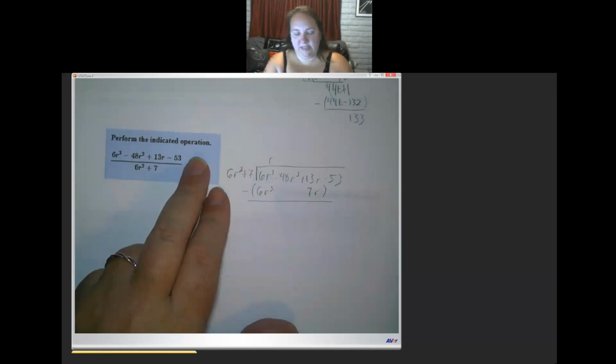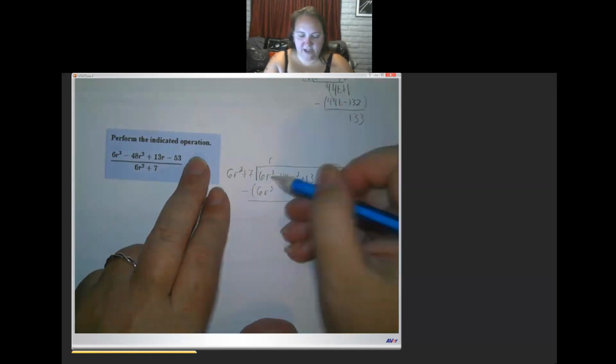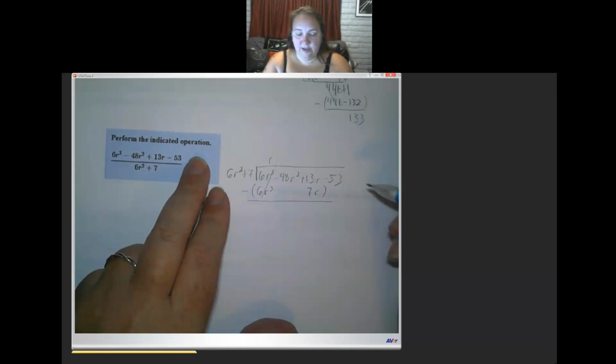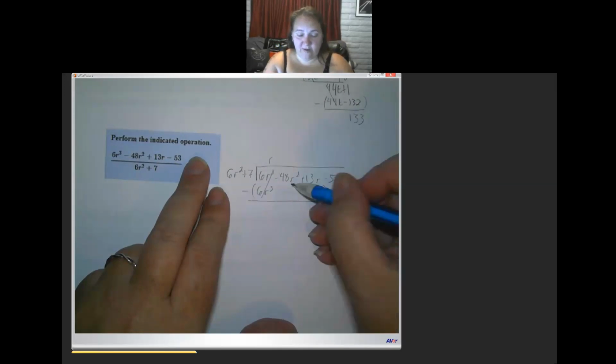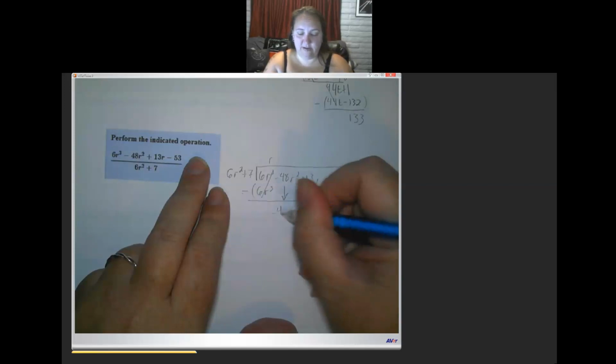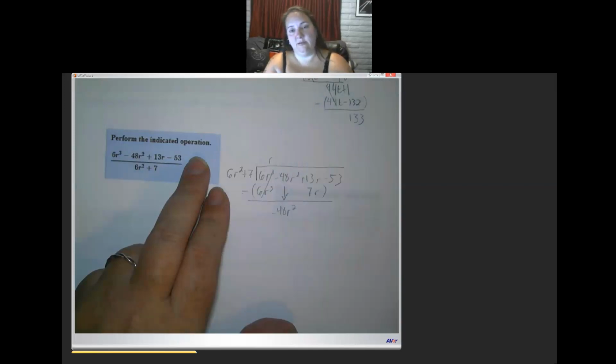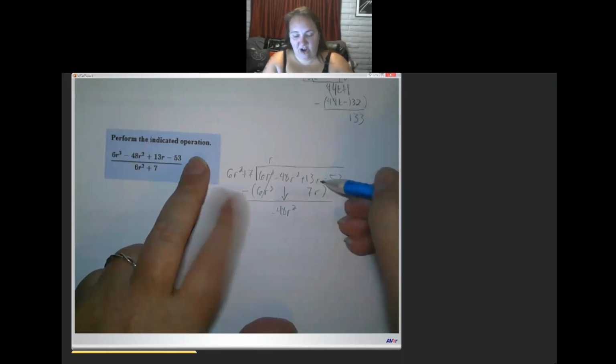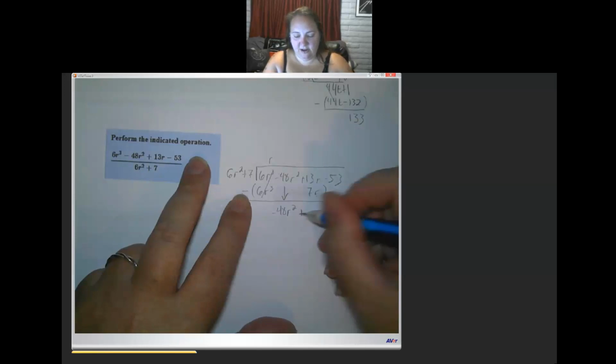6r to the third and 6r to the third cancel. Negative 48r squared minus nothing is just a negative 48r squared. 13r minus 7r is 6r.